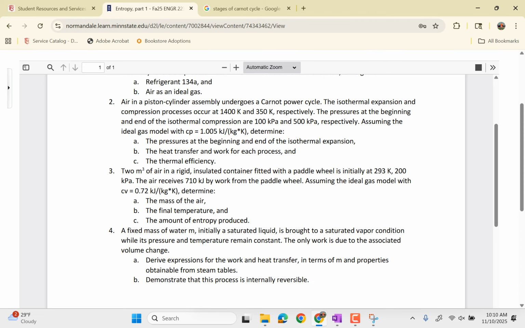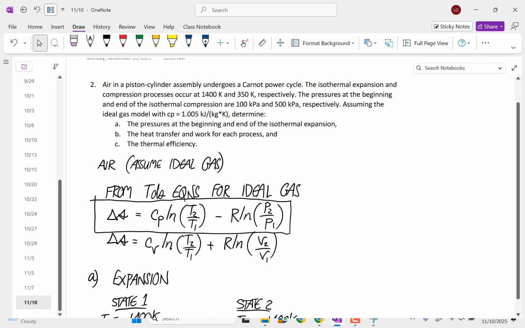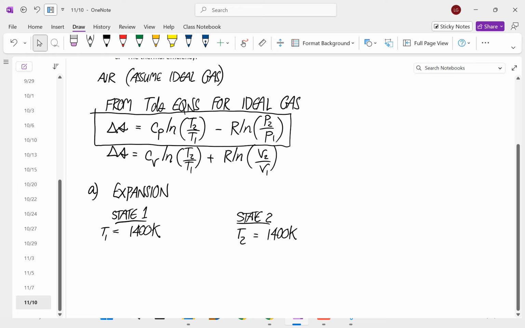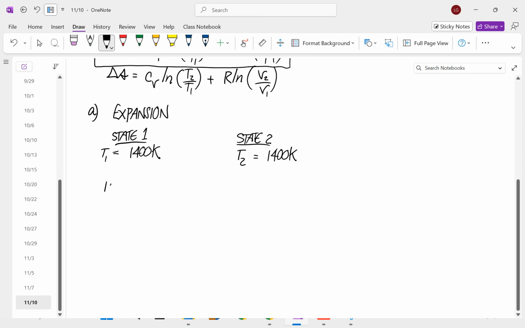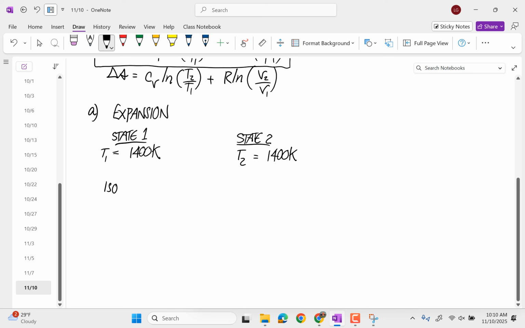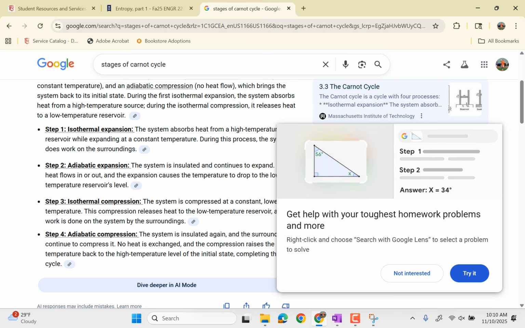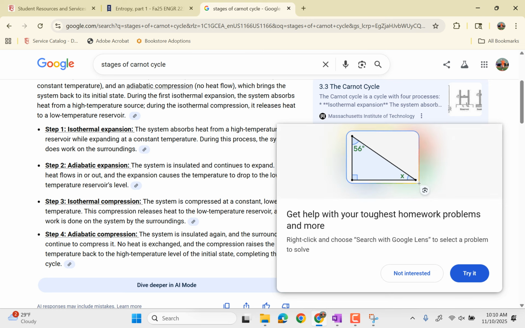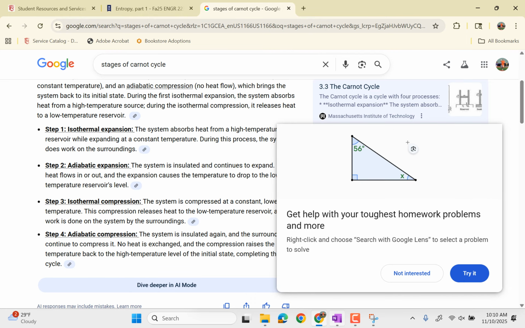So, okay, there's an isothermal expansion, an adiabatic expansion, then an isothermal and an adiabatic compression.